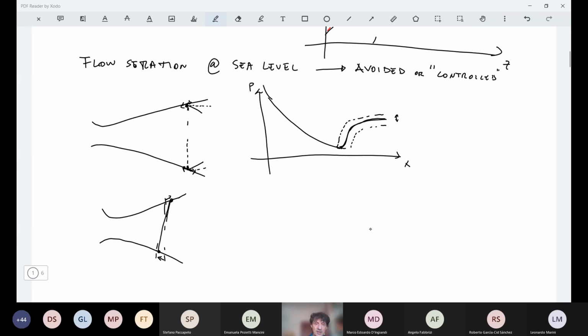We can identify a separation plane here, and you see that if you look at the pressures on the walls, we have different pressure on this part. Here we have a low pressure, and on the other side you have ambient pressure.